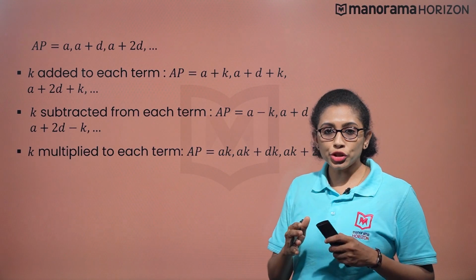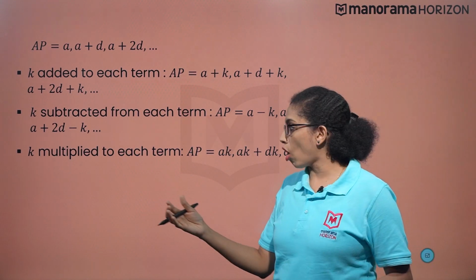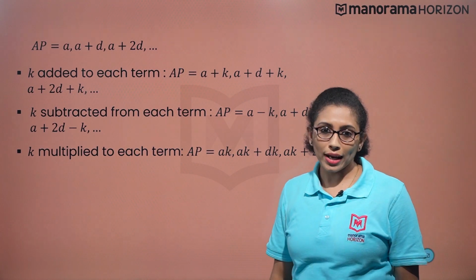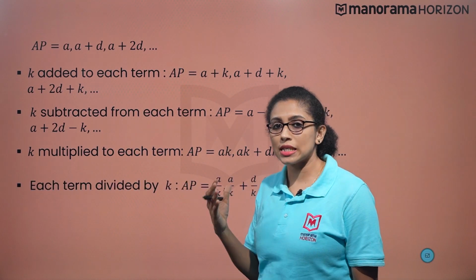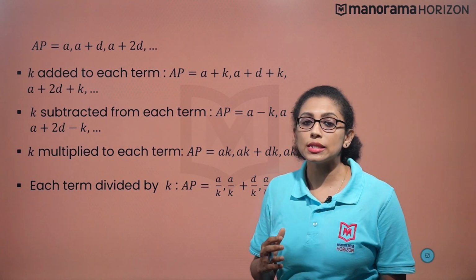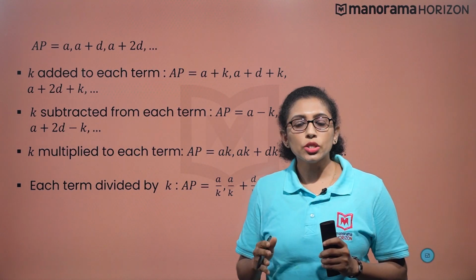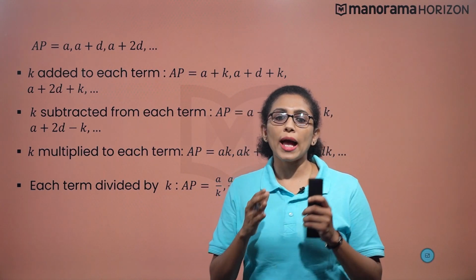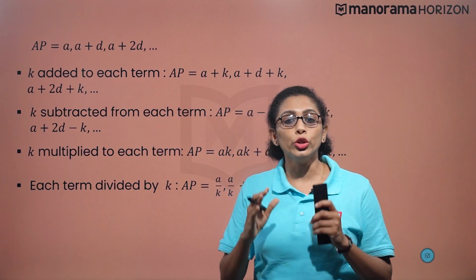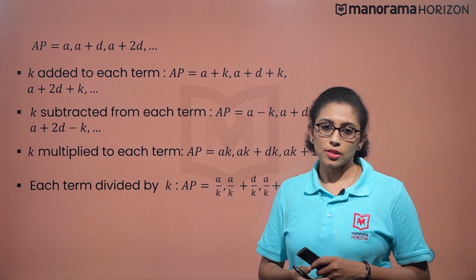Now, if each term of an AP is multiplied by a constant k, then again the resulting sequence is also an AP. If each term of an AP is divided by a non-zero constant k, then again the resulting sequence is also an AP. That is, uniform application of an arithmetic operation on a given arithmetic sequence gives you a new arithmetic sequence.